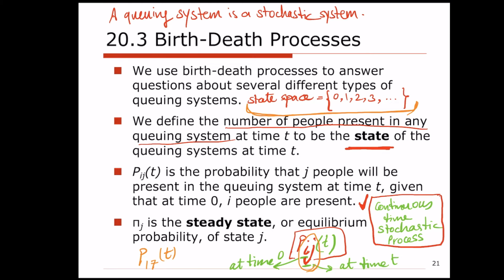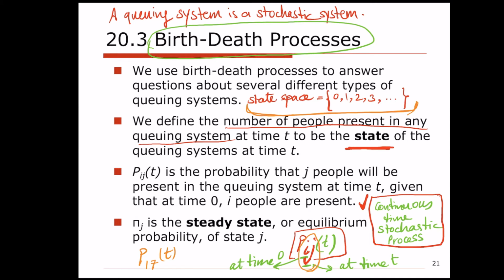And this type of stochastic system that can capture the situation of a queuing system in terms of number of people in the system is basically called a birth and death process. Why? Because if we consider the number of people in the bank, for example, every time a person comes to the system, 1 person is added to the number of people in the bank.